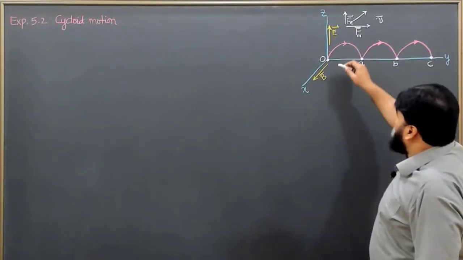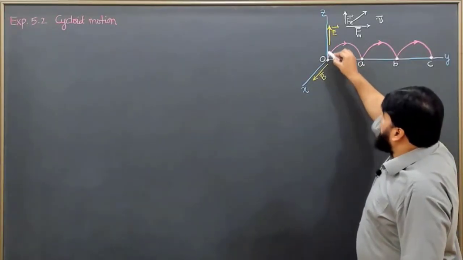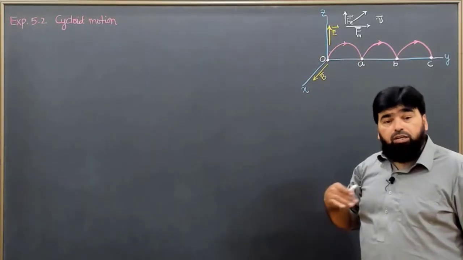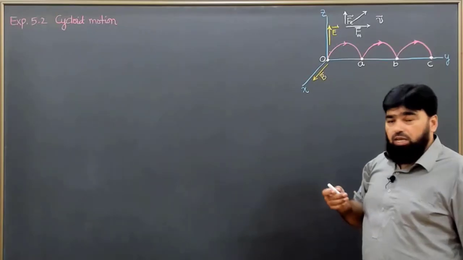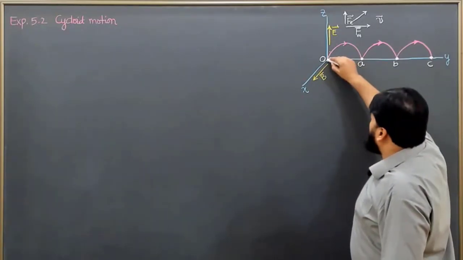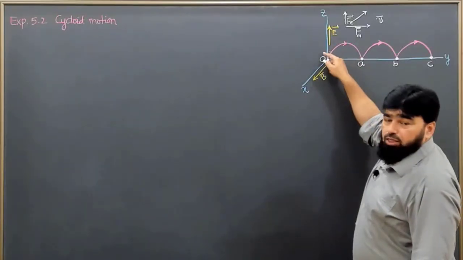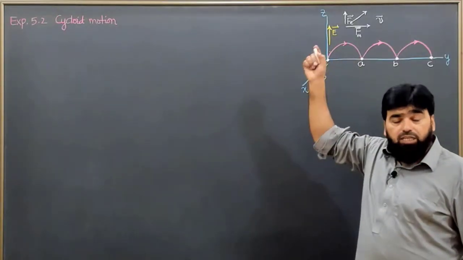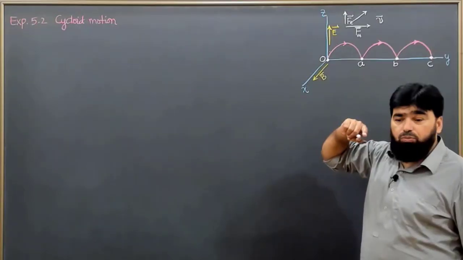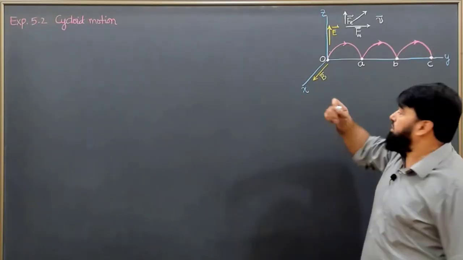But we know that as the particle speeds up, the magnetic force will increase. The result will be a slightly tilted motion, and it will tilt further as the electric field accelerates the particle.